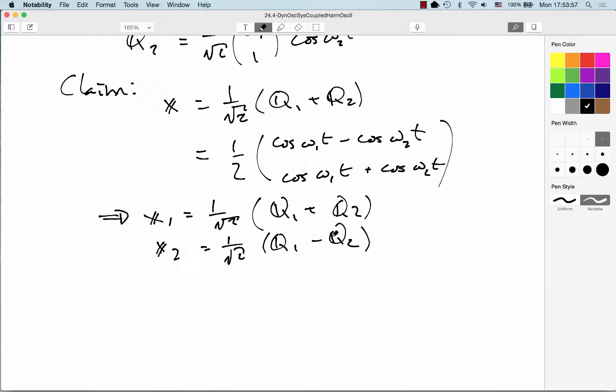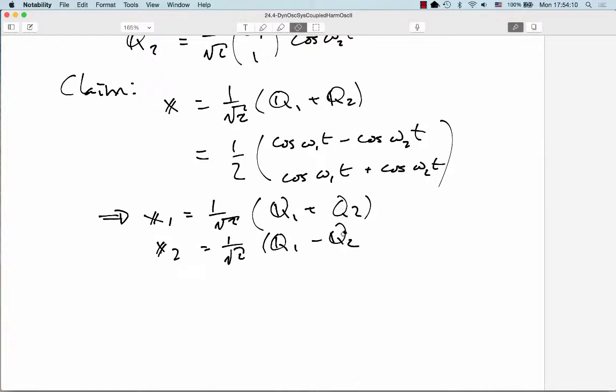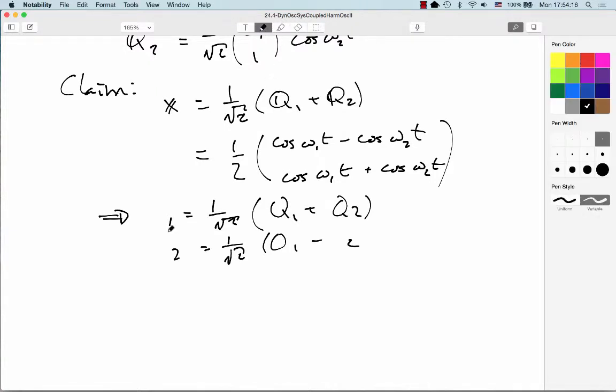So we'll go ahead and let, oops, sorry. These shouldn't be vectors. There, our x1, x2, the actual generalized coordinates.